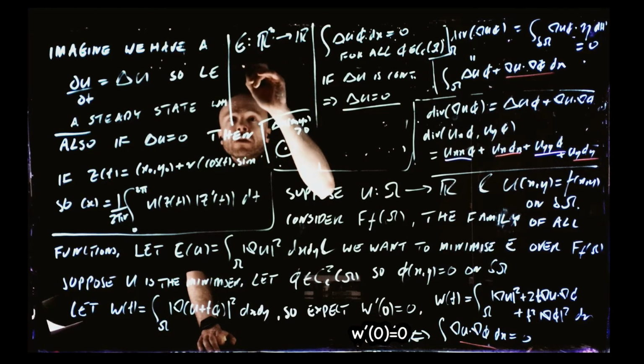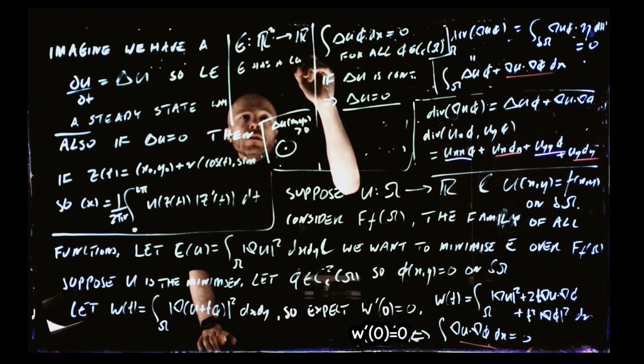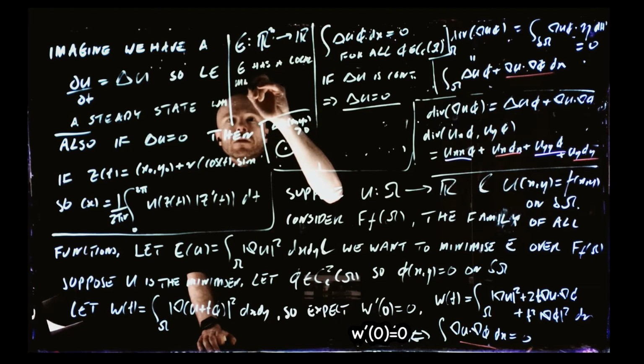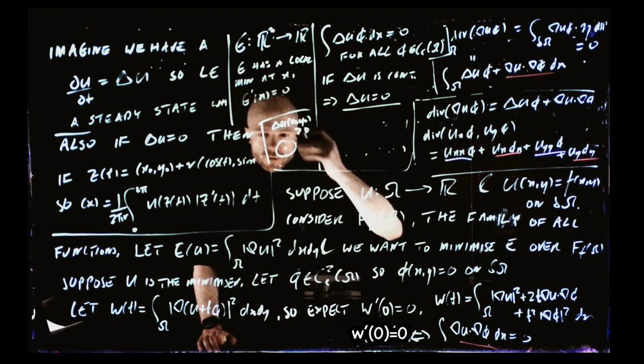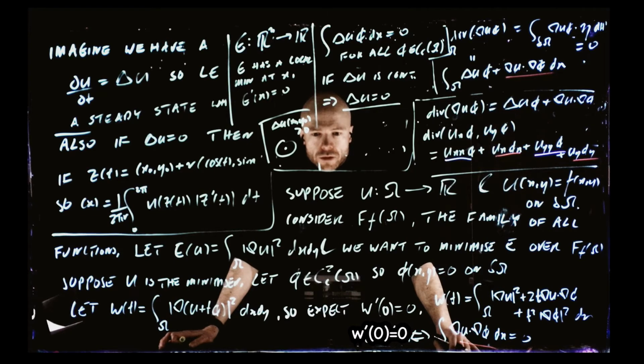So suppose g has a local min at x, then we know that g prime of x is equal to 0, right? Very happy with that, I hope. That's just multivariable calculus, yeah?